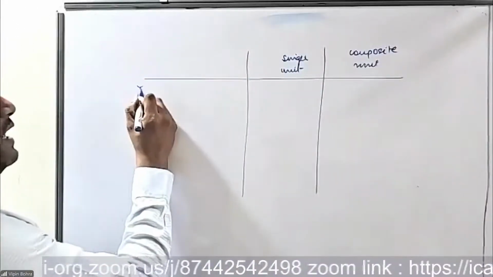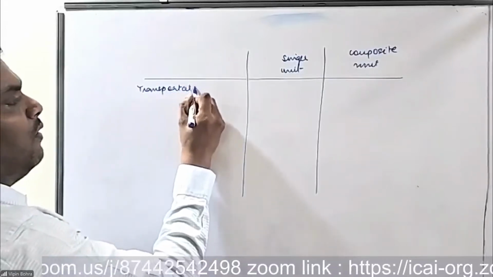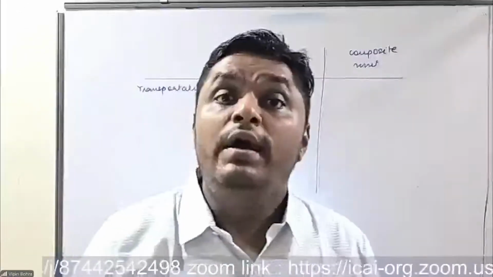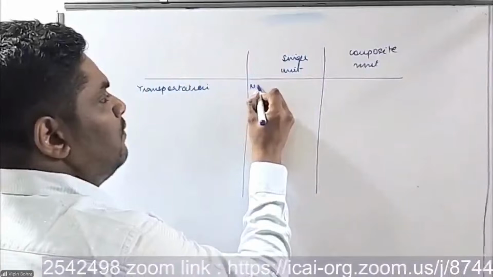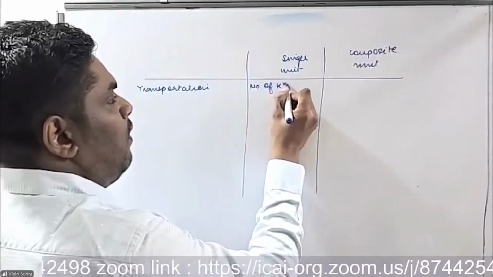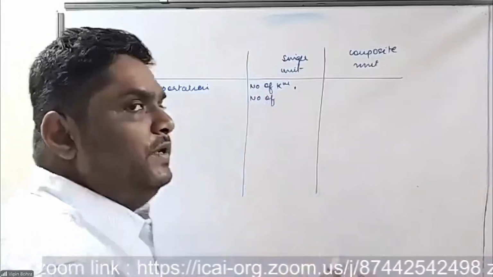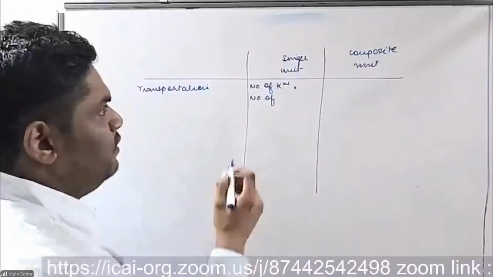Let's say it is a transport industry. The unit can be kilometers, the number of kilometers. It can be number of miles also. That is, we calculate the total cost divided by the number of miles, and we get the cost per mile. So the miles can be the units.